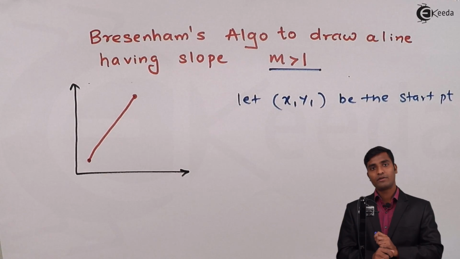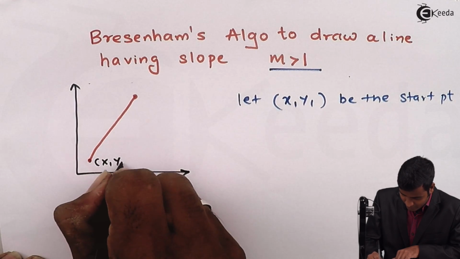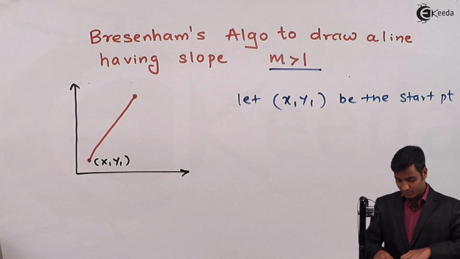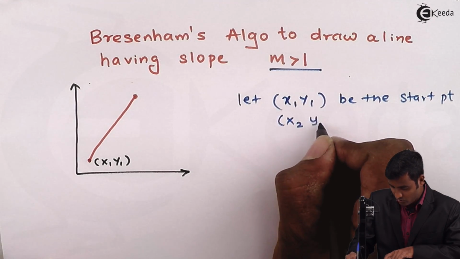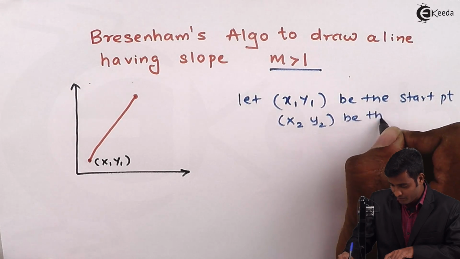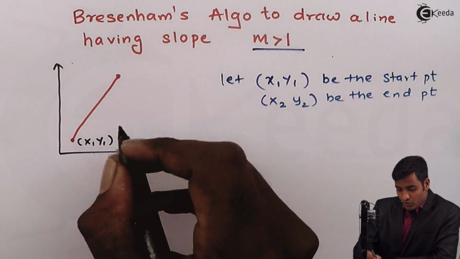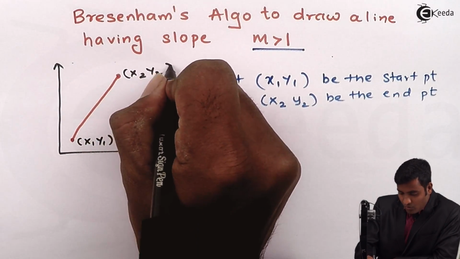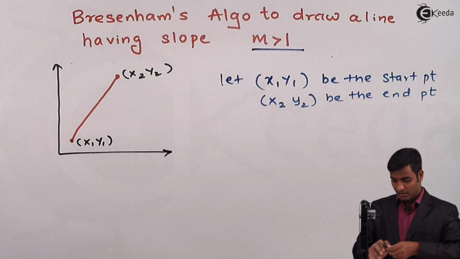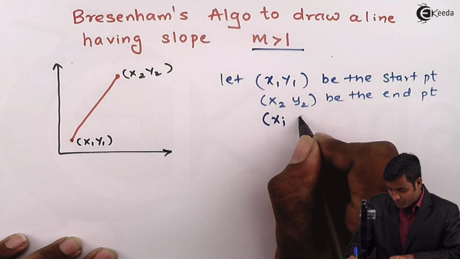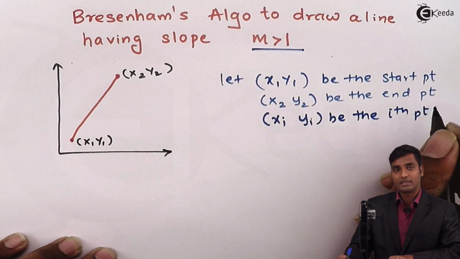So x1 y1 will be the starting point on the line, and x2 y2 be the end point on the line, and xi yi be the ith point on the line.